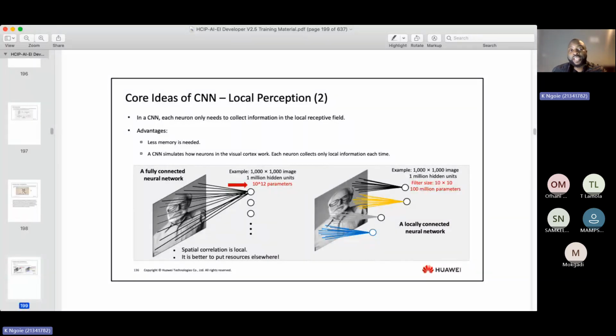So the idea of CNN is looking at images from a local perception. Each neuron only needs to collect information in the local receptive fields.